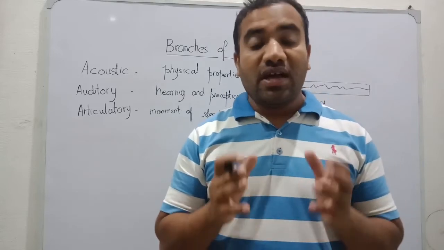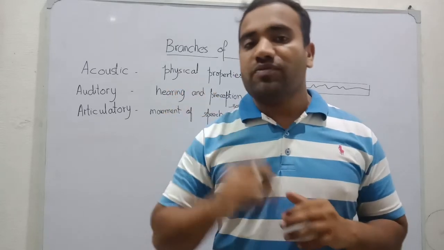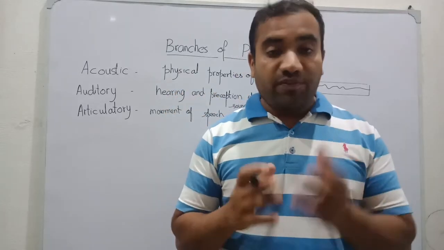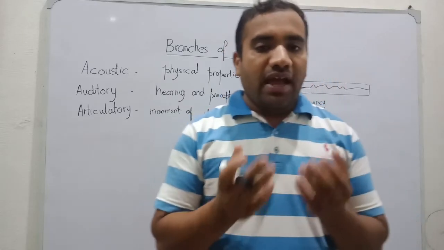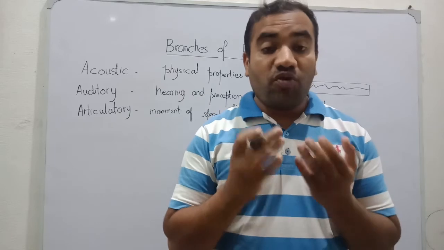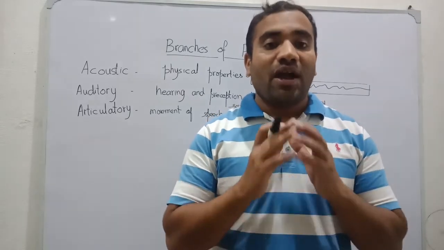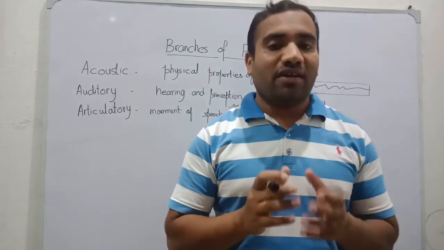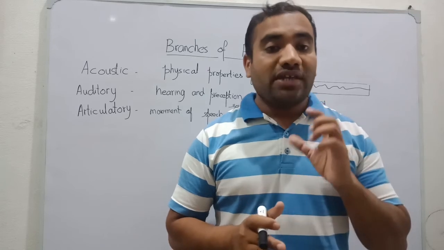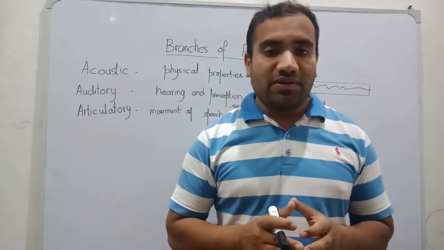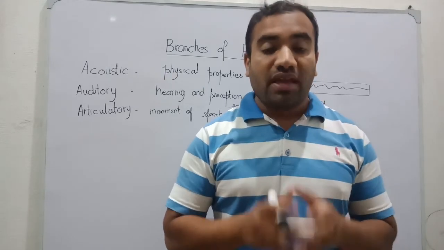When the articulator moves, the sound is produced. Suppose I am speaking and you are listening to my video, and my articulators are moving. What are my articulators? My tongue is an articulator, my lips are articulators, my teeth are articulators, my alveolar ridge is an articulator, and so on.